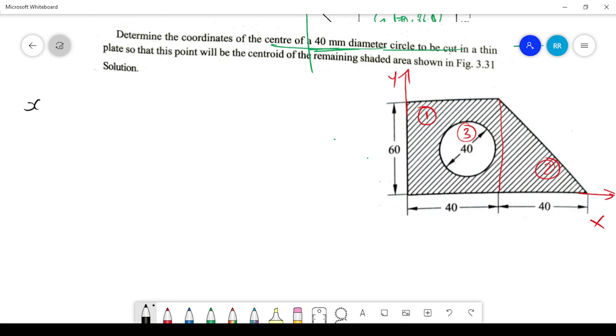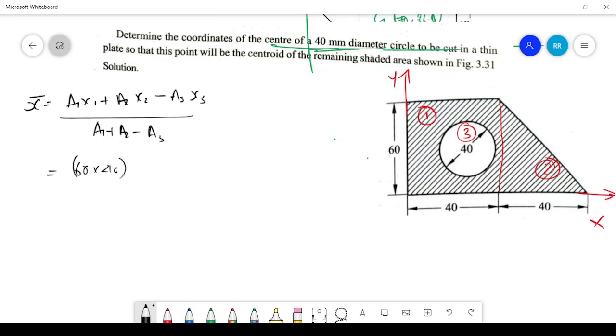So I know that x bar will be a1 x1 plus a2 x2 minus a3 x3, just because the circle should be cut out from the laminar area and the shaded area is the final area. That means a1 plus a2 minus a3, right? So x bar, we don't know the value of x bar. By substituting the values, a1 means the area of the rectangle, 60 into 40.